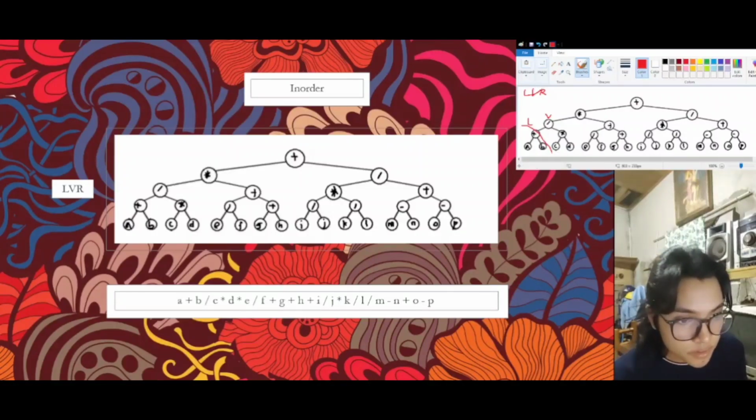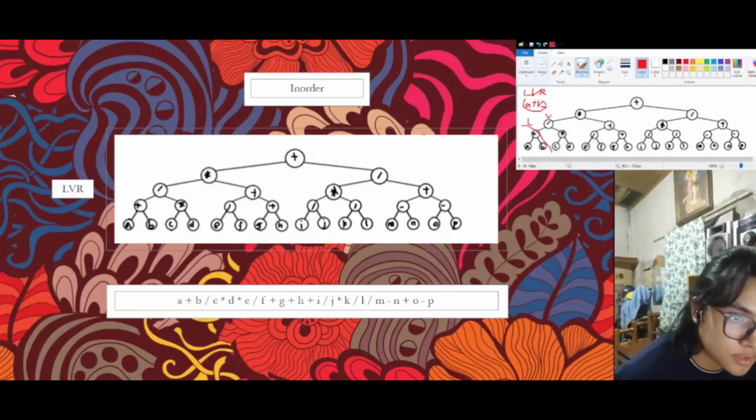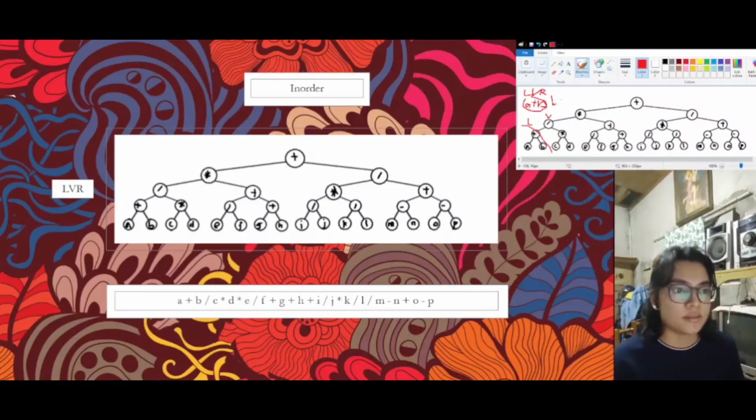Because we're done with this, and the left of the divide operator is A plus B. This is going to be left, so if we follow the pattern, this is our V and this is our right.